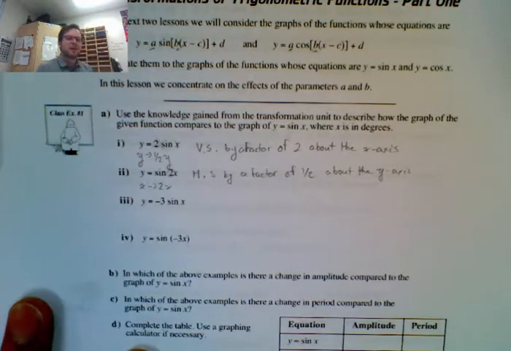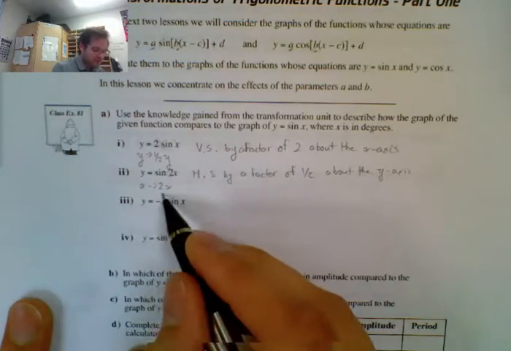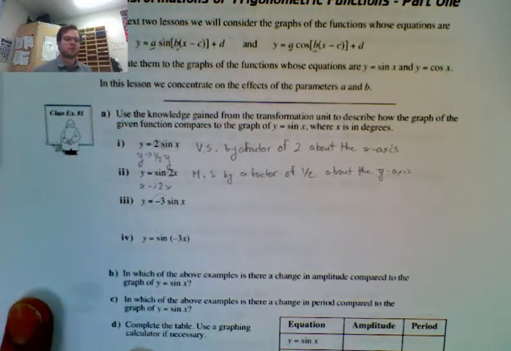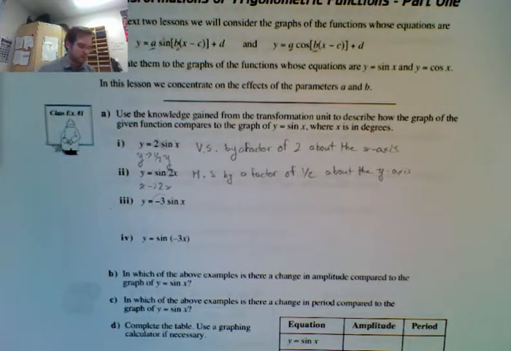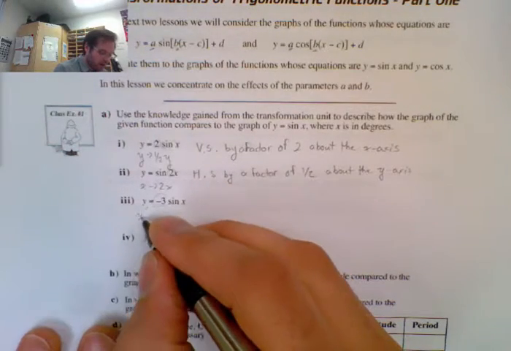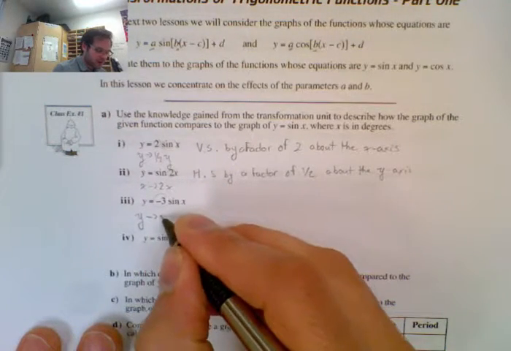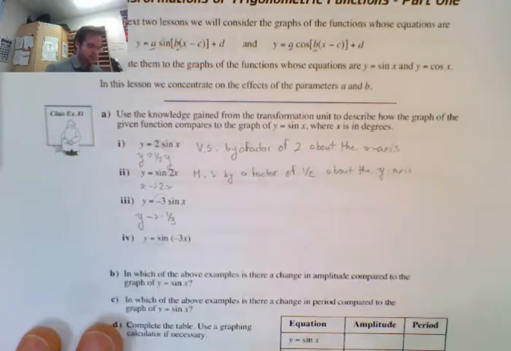Now my next one here, we have -3. So what happens in this one? Well, that means y got replaced with -1/3 y.